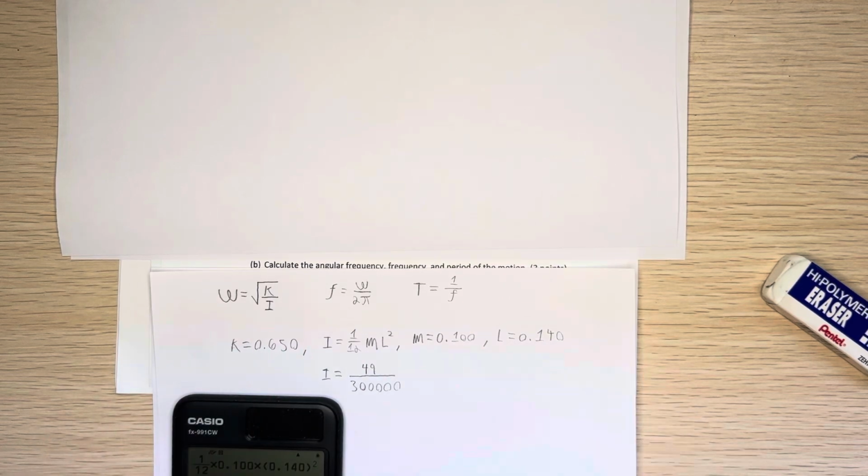So we'll say root of the spring constant, 0.650, over inertia. So we'll have another fraction there.